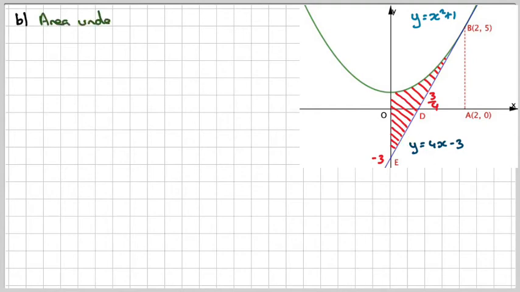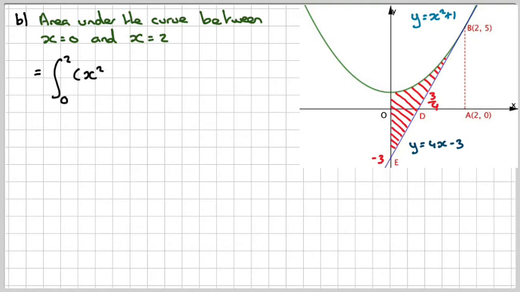The area under the curve, this area here, between x is 0 and x is 2, will be the integral of our curve, x squared plus 1 dx. That gives x cubed over 3 plus x, from 0 to 2.